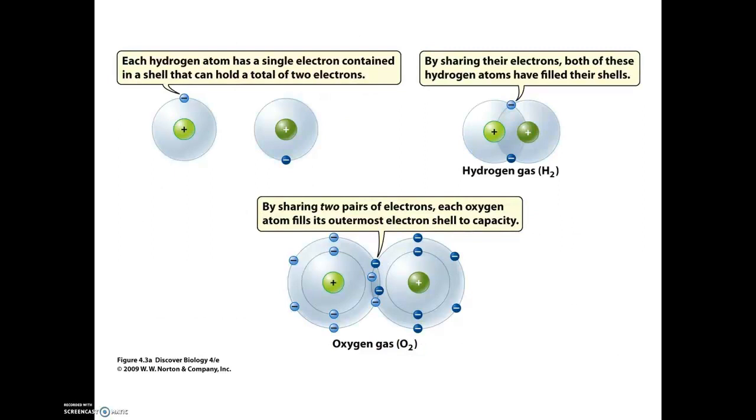Different atoms and different elements will have different numbers of open spots in their outermost electron shell. If they meet a few criteria, those atoms can participate in a covalent bond by contributing 1 electron to the pair while receiving an electron from a neighboring atom.